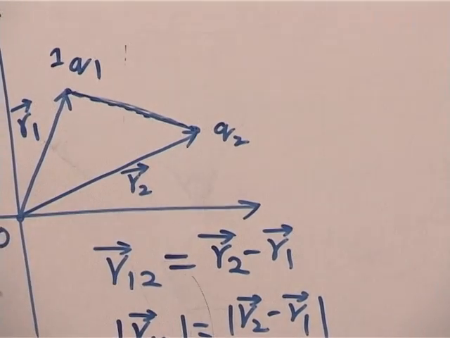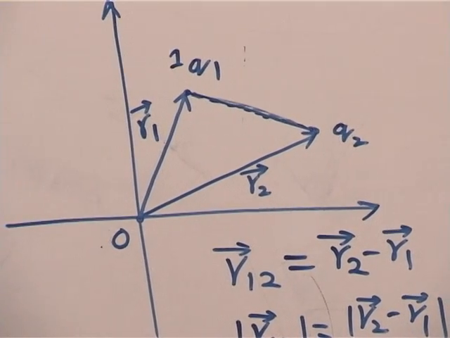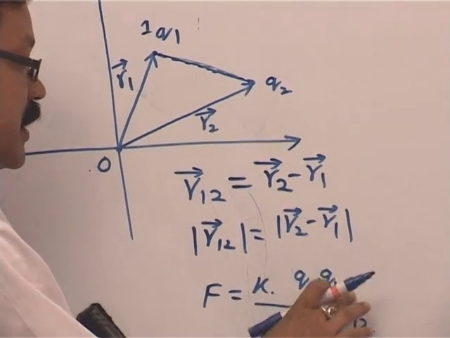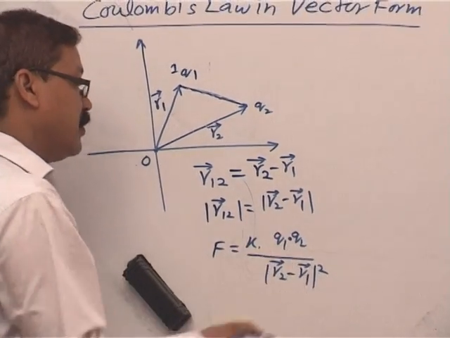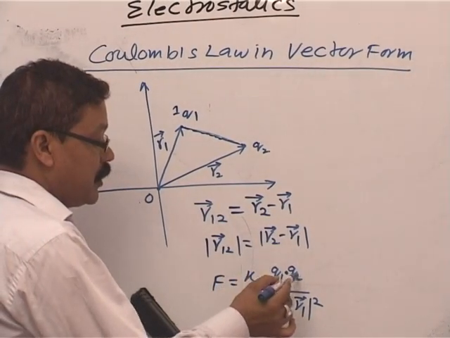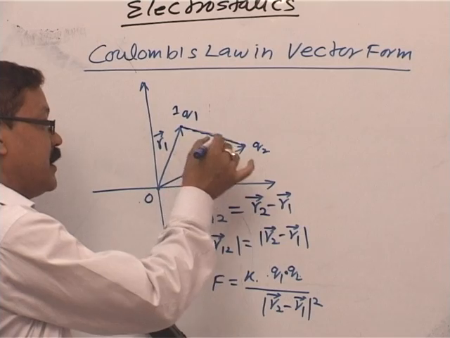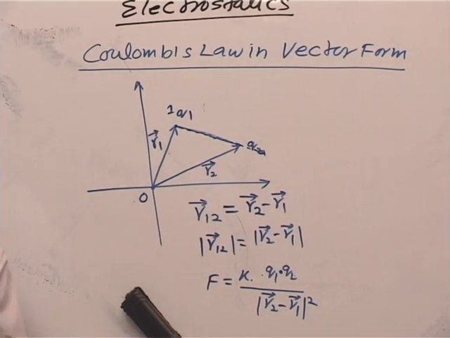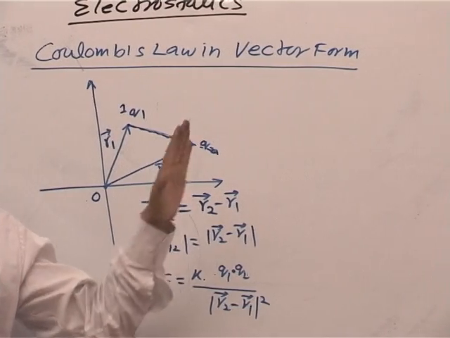If they have opposite sign, then it will be attraction. So I can remove this mod sign and now take the sign of the charges. If the product q1 q2 is positive, that means the sign is the same, so it must be a repulsive force.